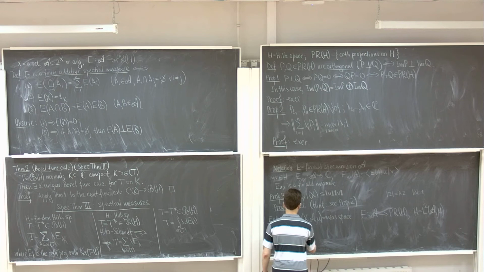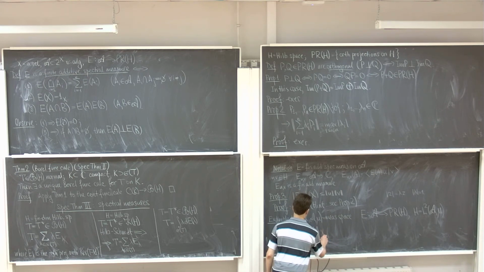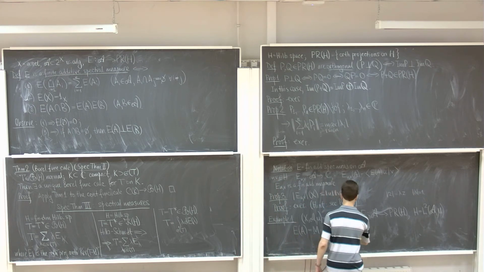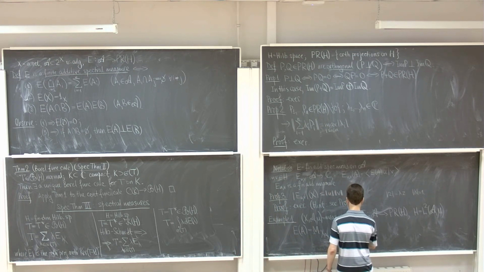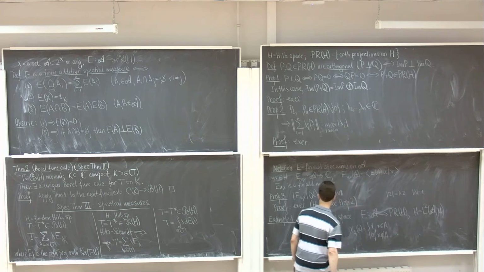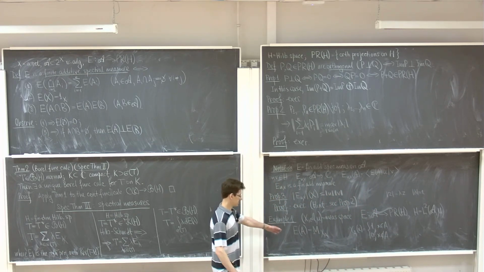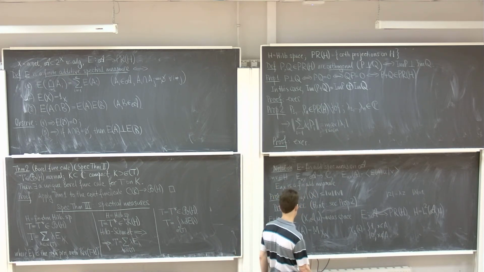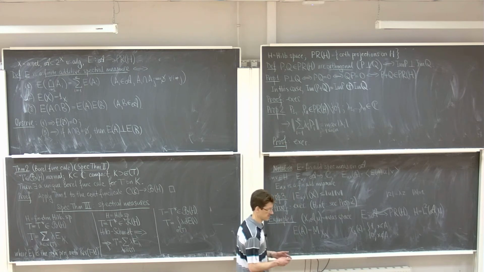E of A is the multiplication operator by the characteristic function of A. So chi A is the characteristic function or the indicator of A, which is 1 on A and 0 elsewhere. So it's almost clear that this formula indeed determines a spectral measure on A.